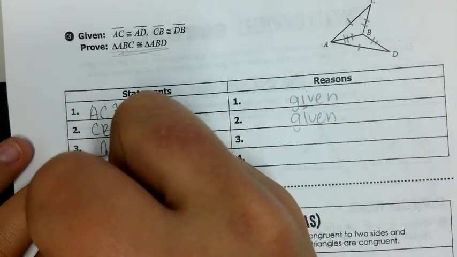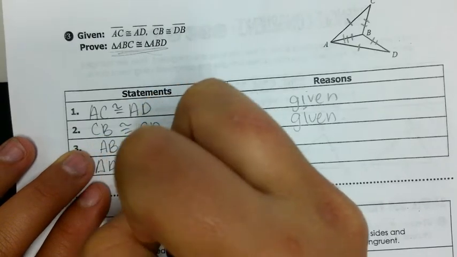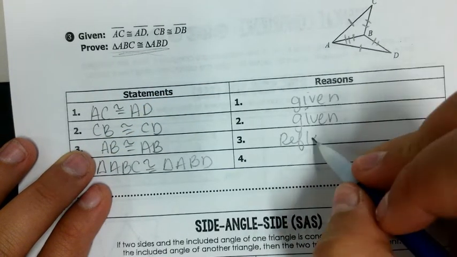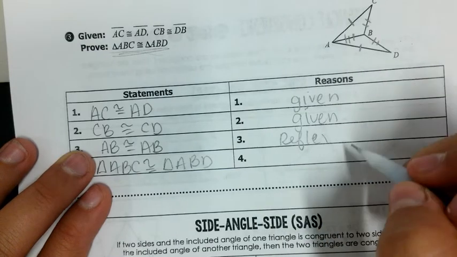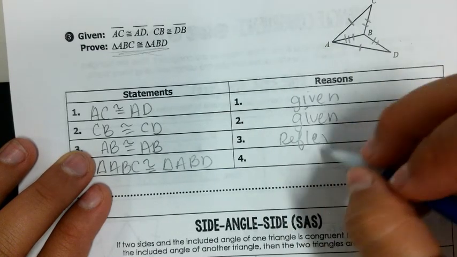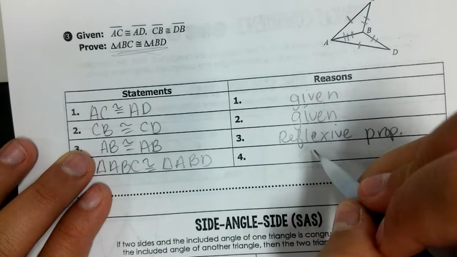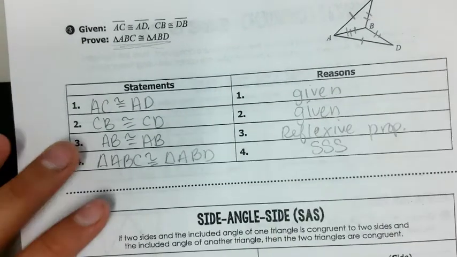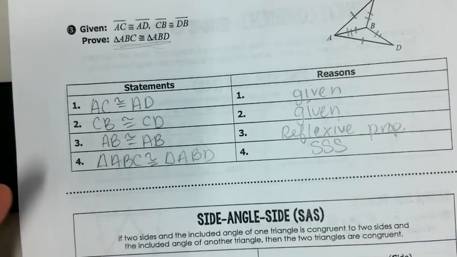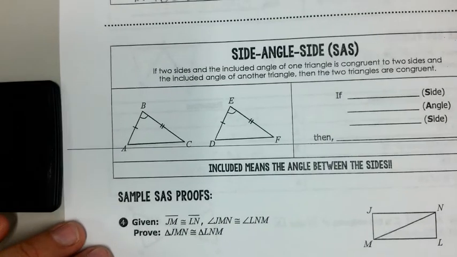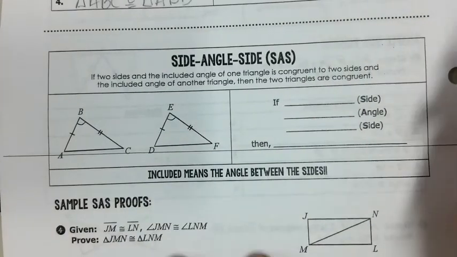So we can say AB is congruent to AB because of the reflexive property. Then we can say it's congruent by side, side, side. The reflexive property is like your reflection: you are yourself.